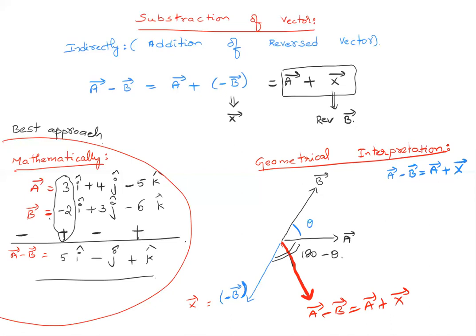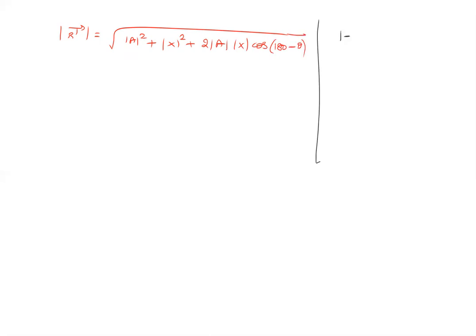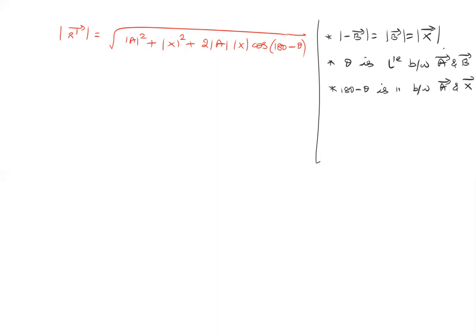Now if I mark this resultant as r dash bar, the magnitude of r dash is under root mod a square plus mod x square plus 2 mod a mod x cos of 180 minus theta, where you are supposed to keep in mind that mod of minus b bar is equal to mod of b bar, which is equal to mod of x bar, and theta is the angle between a bar and b bar. 180 minus theta is the angle between a bar and x bar.